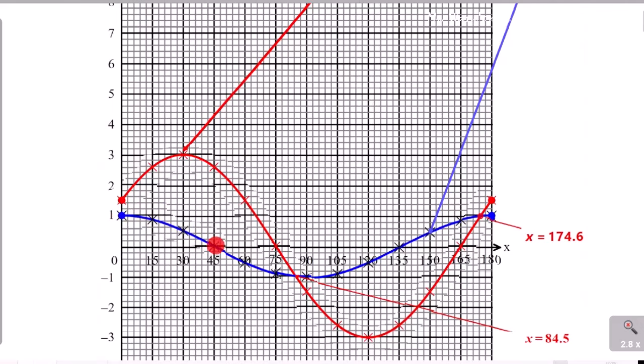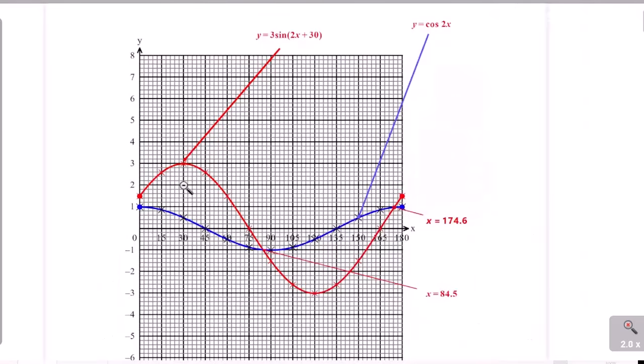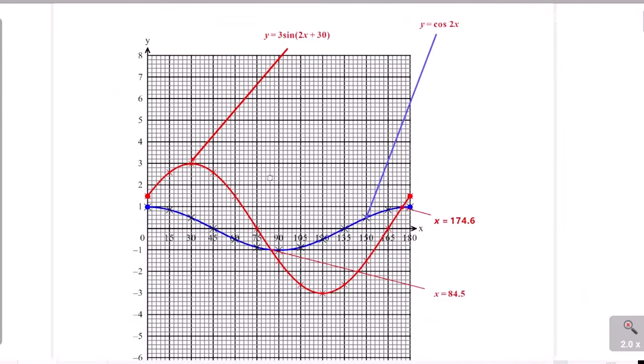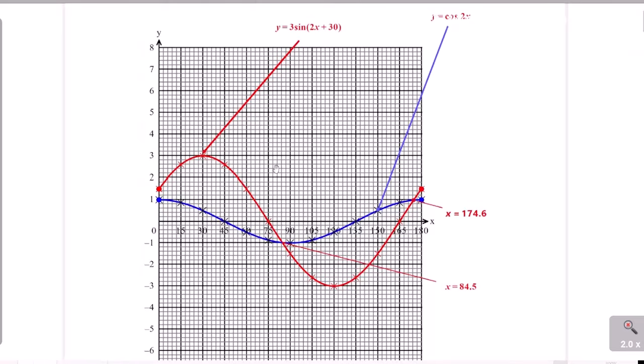We indicated all the points there, and after doing that, make sure you write the equation of the function against that curve. So you can see we've done that. The curve in red is y equals 3 sine (2x plus 30). The other one is y equals cosine of 2x.